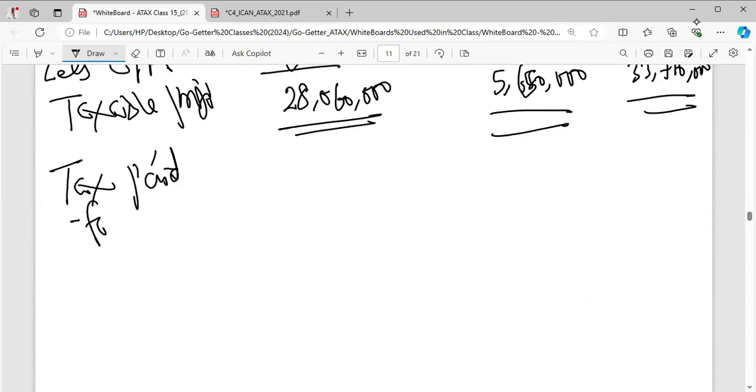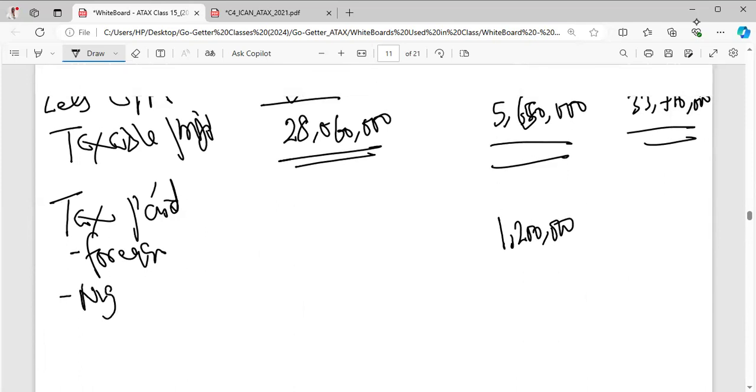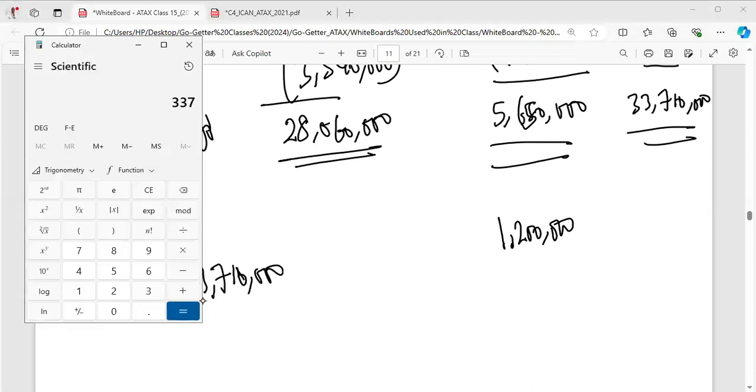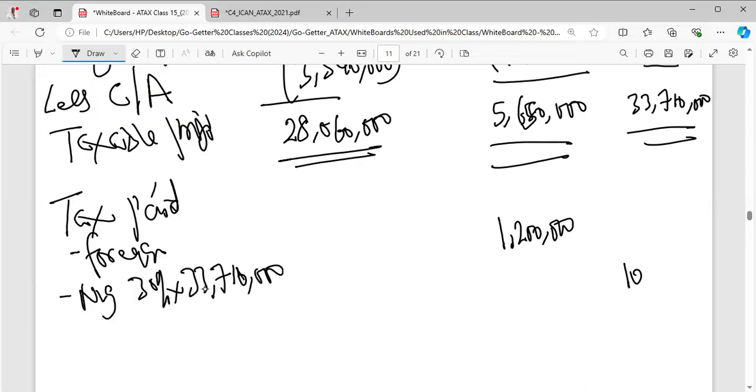Nigeria should give us 30% of 33,710. 33,710 times 0.3 should give us 10,113. Okay, that's the Nigerian tax.